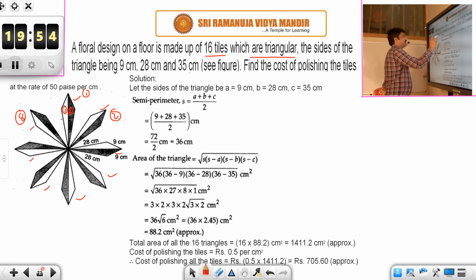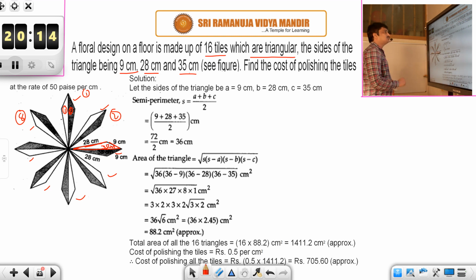The sides of the triangle are 9 centimeters, 28 centimeters and 35 centimeters. See, you have been given the sides like this. This is 9, the smaller one, and this is 28, and this longer, the diagonal one, they have given as 35 centimeters. Okay.